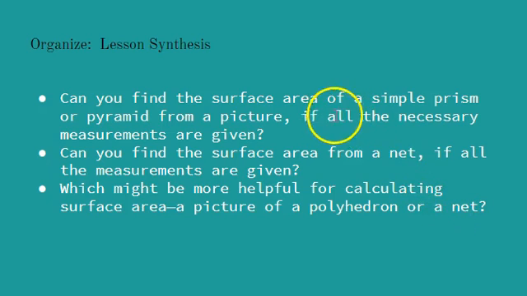And I think we proved that if we have the measurement pieces, knowing what we know about how to find area of triangles and rectangles and parallelograms, we can find the surface area of any prism or pyramid from a picture without necessarily having to handle it.